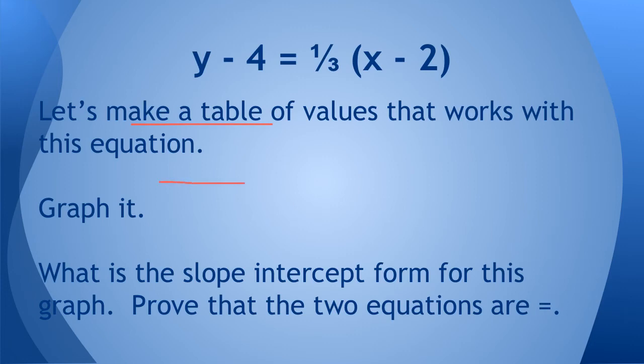Now you know me. I am all for the easiest numbers in the world, but on this one, 0, 1, and 2 may not be the easiest numbers in the world. I need to look at what I've got going on here, and I might choose the number 2, because if I chose x is equal to 2, well then 2 minus 2 is 0, 1/3 times 0 is 0.